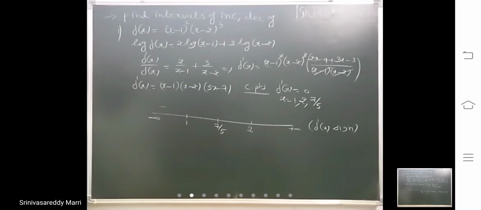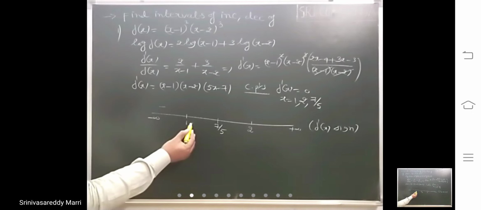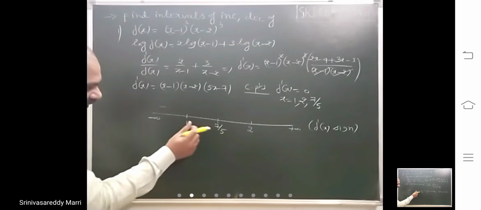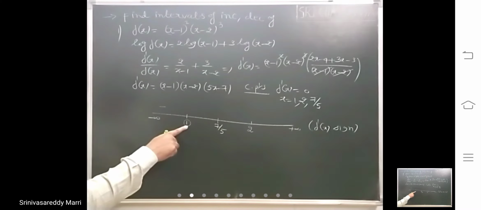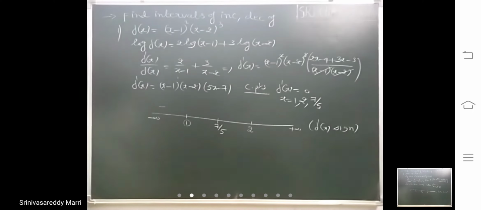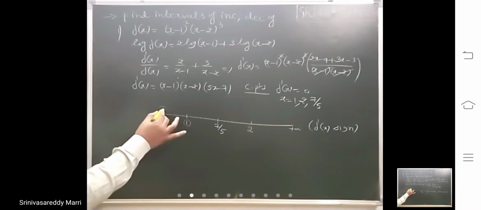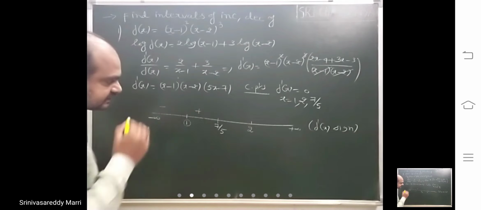First give the sign, just like the wavy curve method. No need to substitute in this. For giving the sign in the next interval, take the starting point of the interval. This is 1. So if the power of that factor is odd, write the opposite sign of the previous interval.